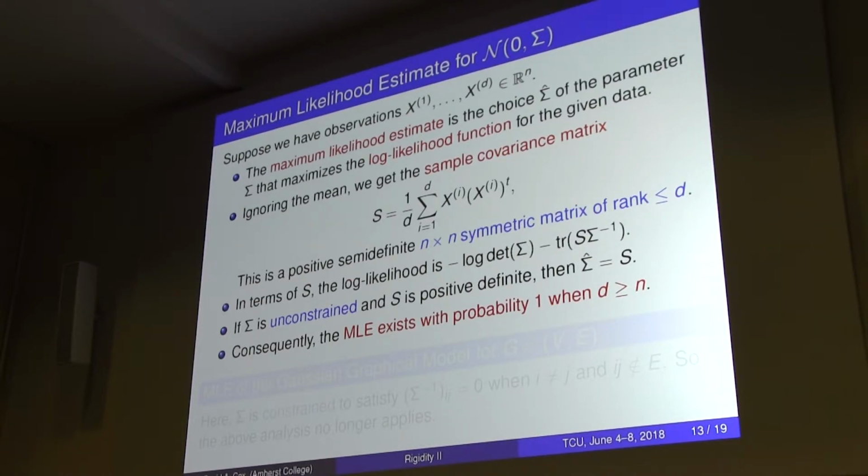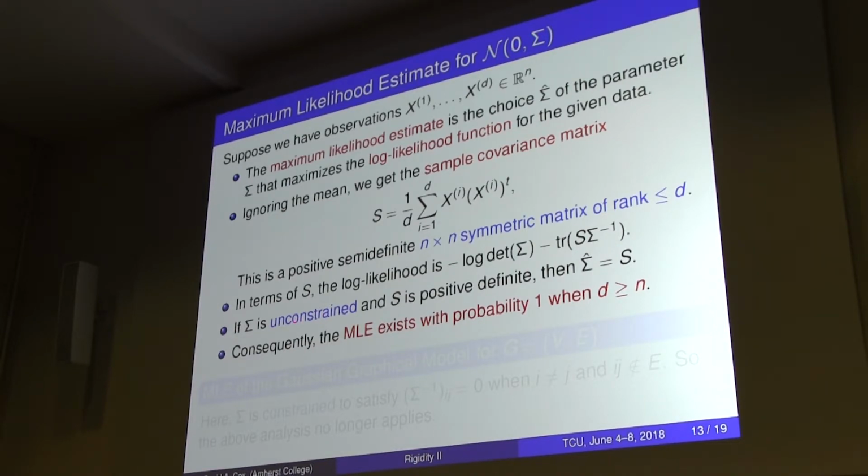Then, when I think about this log likelihood function that I want to maximize, once I have the sample covariance matrix, the idea is I want to pick the sigma that achieves that maximum.